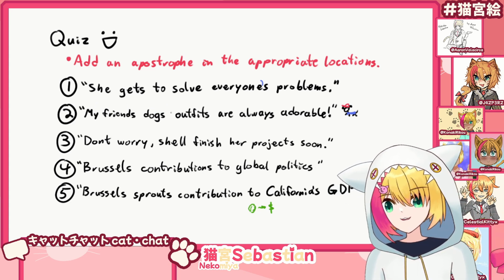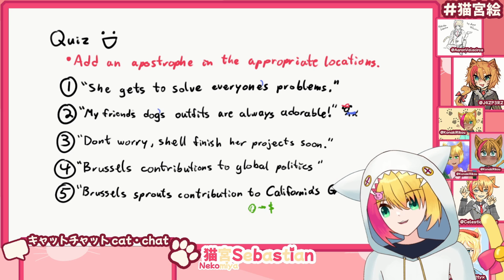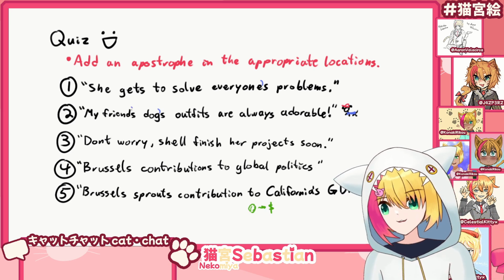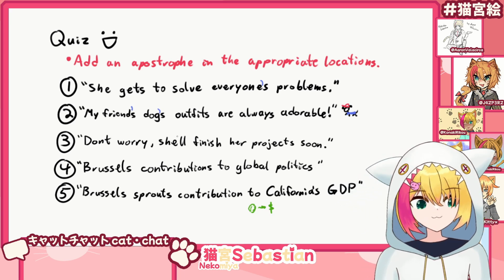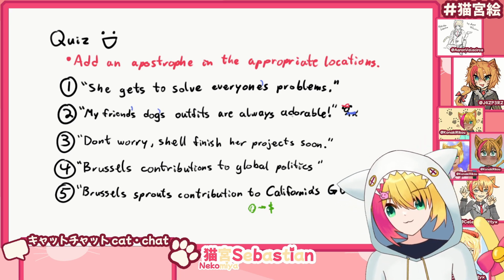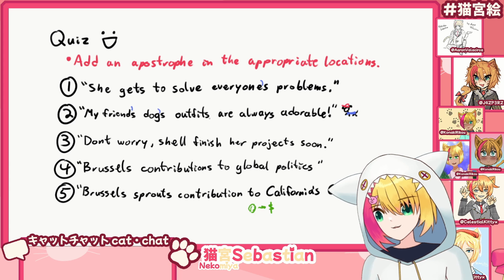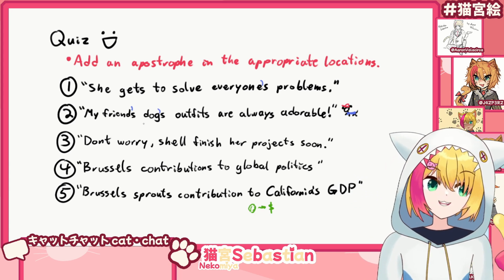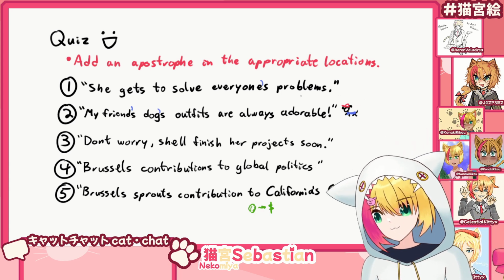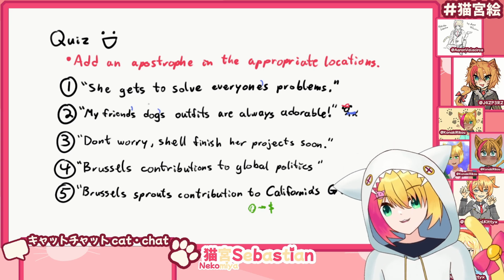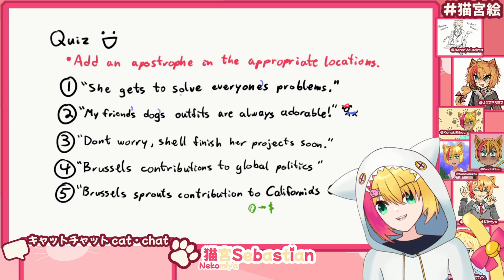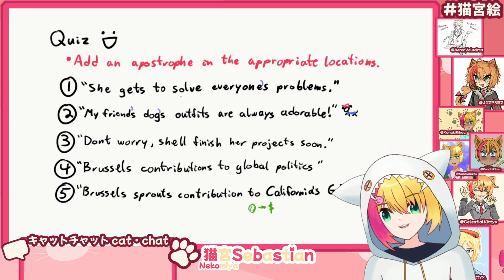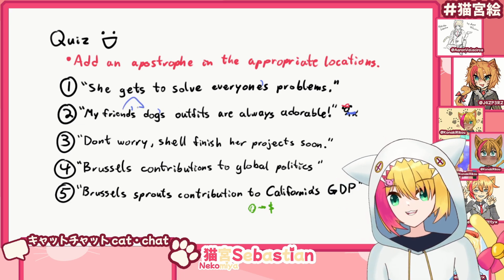So you could say the dog's outfits and the friend's dog, who owns many outfits. So there's many outfits no matter what. "Are always adorable," so we're good for the rest of that. No apostrophe on the plural for outfits, right? Yeah, so you could have guessed there's one dog in the picture, so maybe this is the meaning: my friend's dog's outfits are always adorable. There's one friend that you have, and the friend has one dog, but the dog has many outfits, right? That kind of relationship.